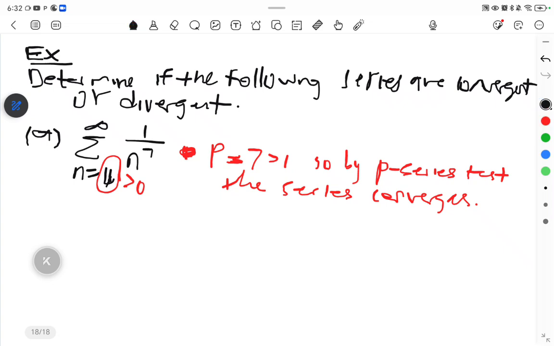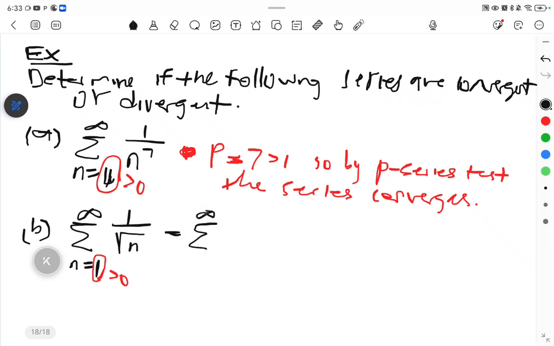We come to B. Now we have the summation of n from 1 over the root of n. Now we realize that also this one, you see, right? This is greater than 0. So it means that we can check the p-test. Here we know that this is the same thing as 1 over n to the 1 over 2.